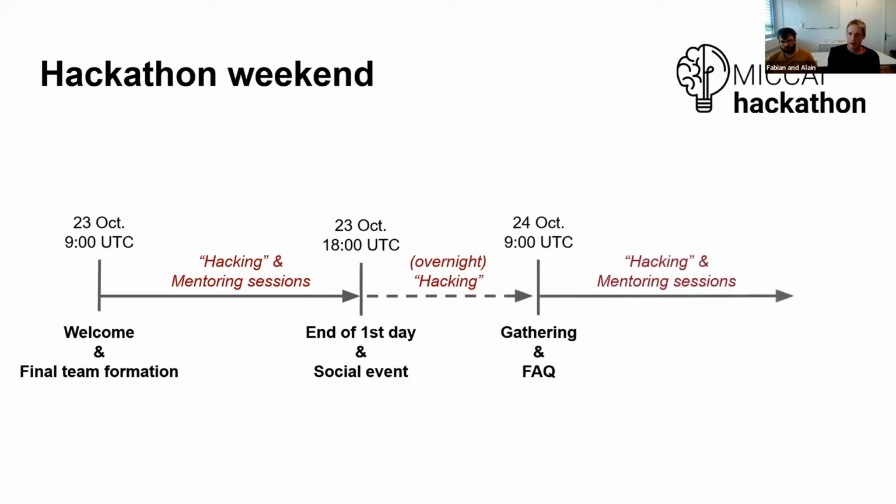Then comes the second hacking and mentoring session phase, which will be followed by the final presentations, where each group presents their outcome at 5 p.m., followed by an awards ceremony.